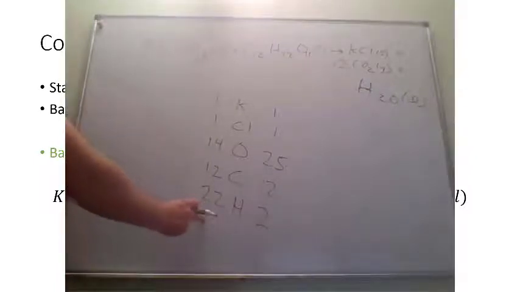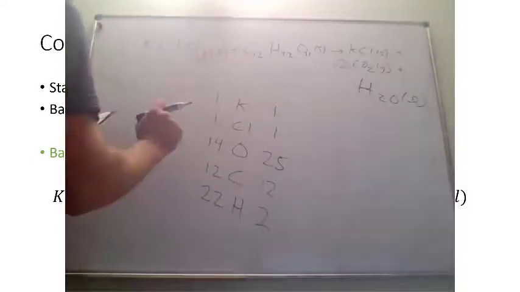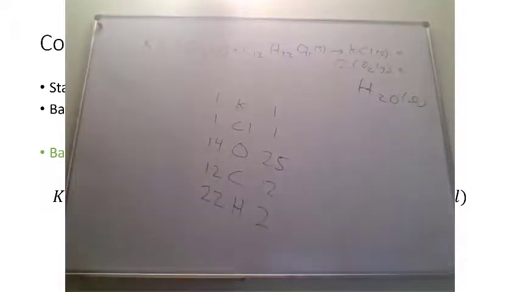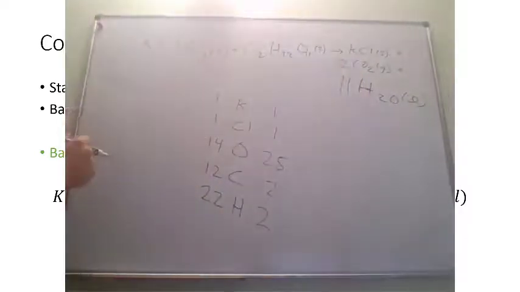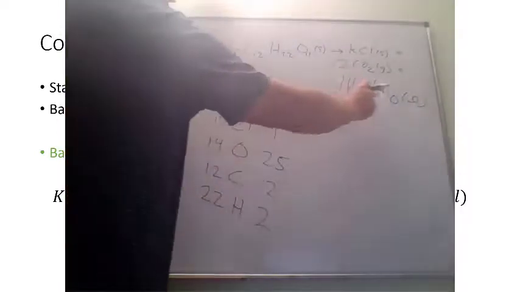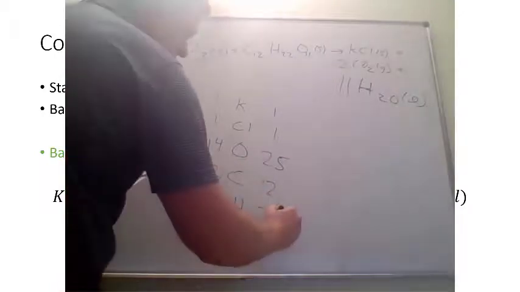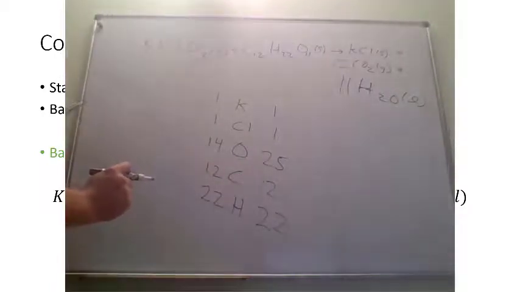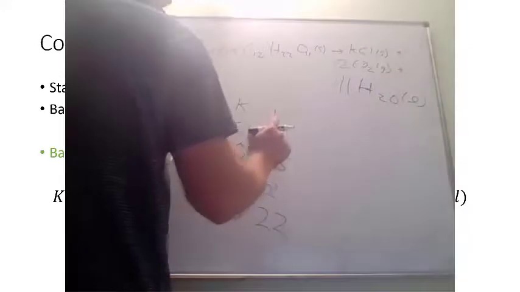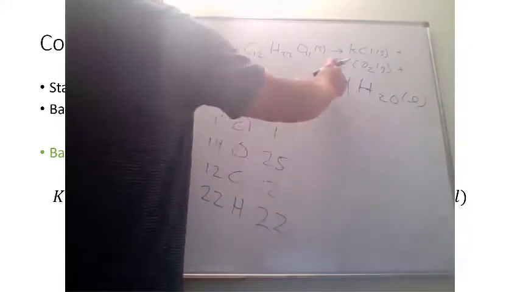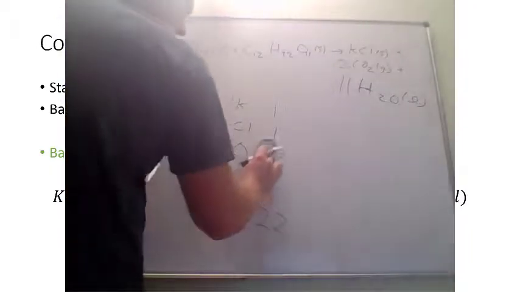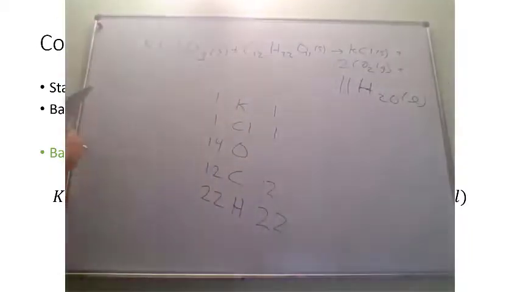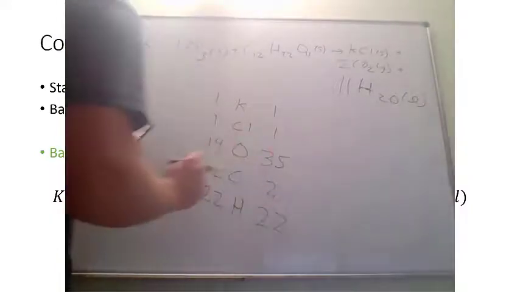Now let's take a look at our number of hydrogens. We have 22 hydrogens on the left-hand side, and we only have 2 hydrogens on the right-hand side. So if we multiply by a stoichiometric coefficient of 11, 11 times 2 will give us now 22 hydrogens. And now we have 11 oxygens plus our previous number here, which is 24. So 24 plus 11 is going to be 35 oxygens.